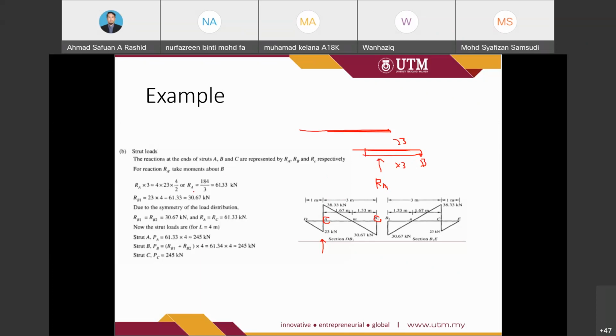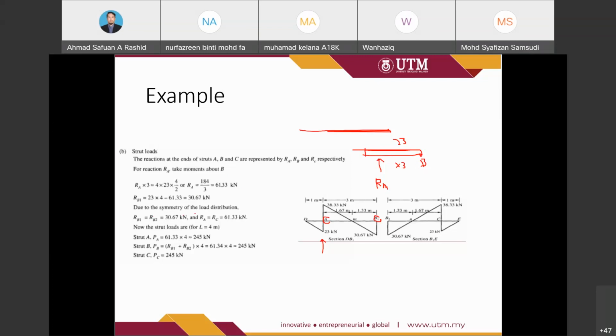So then RA is equal to 60.33. Okay, so that is for the RA. Then again for the RB, 23 times 4 should be minus the 61.33. So that is for the RB1.